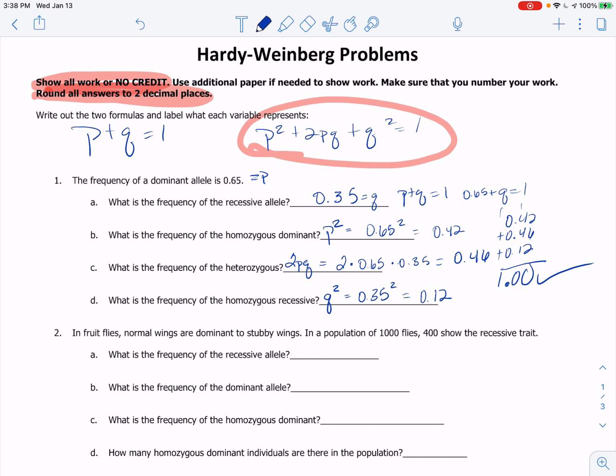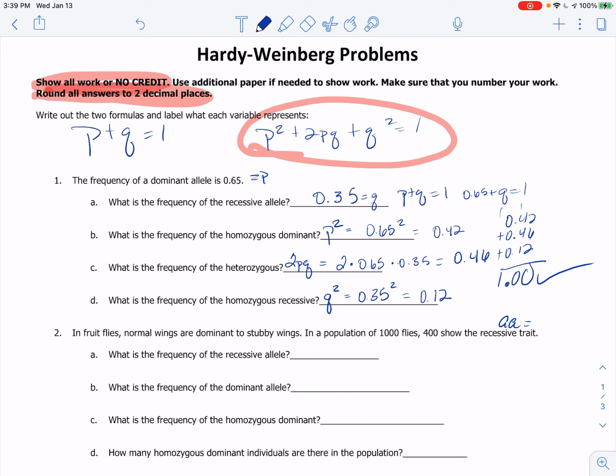Number 2, it says in fruit flies, normal wings are dominant to stubby wings. In a population of 1,000 flies, 400 show the recessive trait. So remember, this is what we need to start with. So 400 show the recessive trait. That recessive trait is a little a. So eventually we're going to figure out what the frequency of that is.